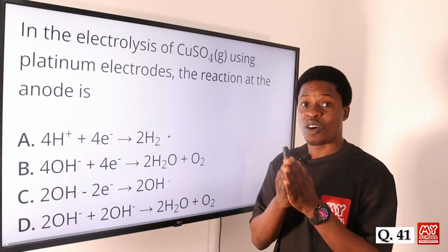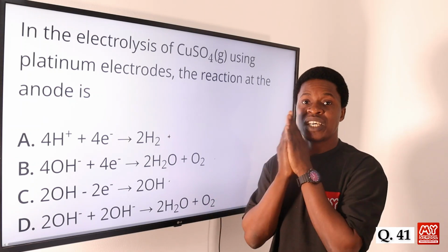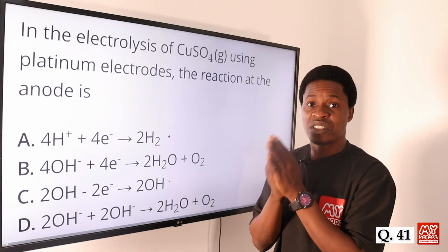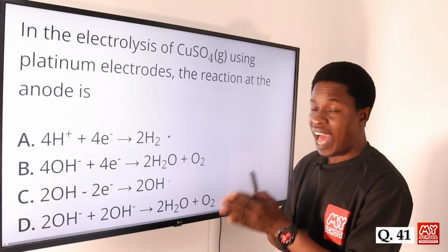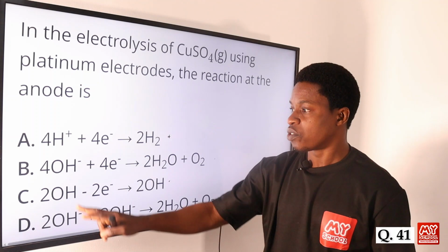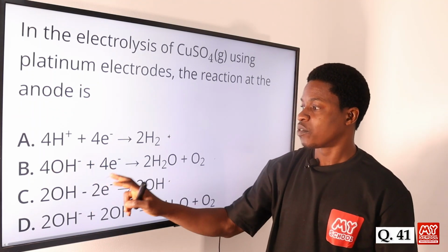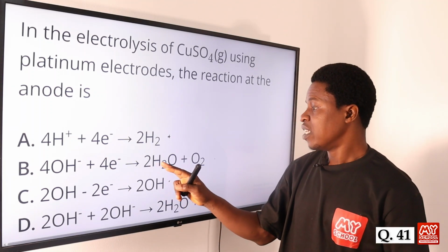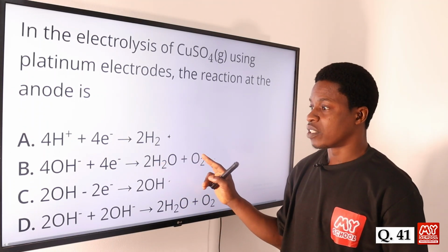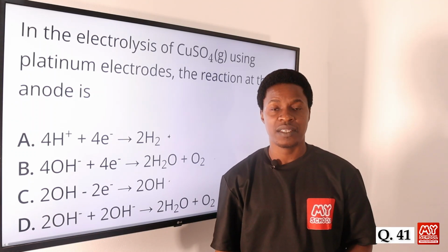The copper ion 2+ will be reduced to copper metal, which is the solid metal at the cathode, while at the anode water is being oxidized. So this cannot be. Option B says 4 moles of OH minus plus 4 electrons, needed to form water here and then this oxygen. So the correct answer here is option B.